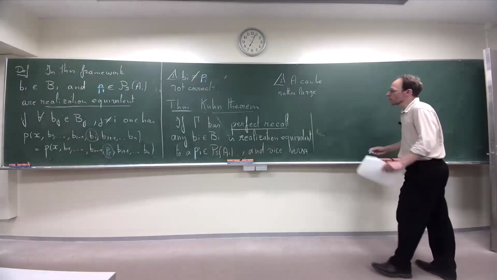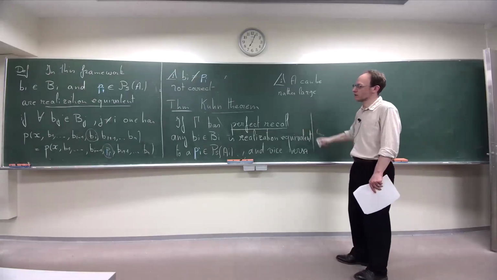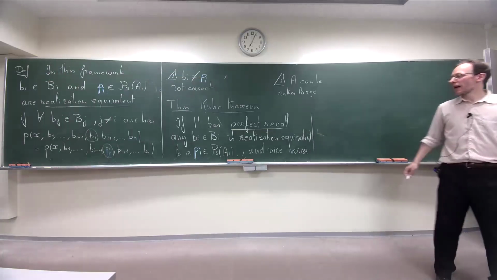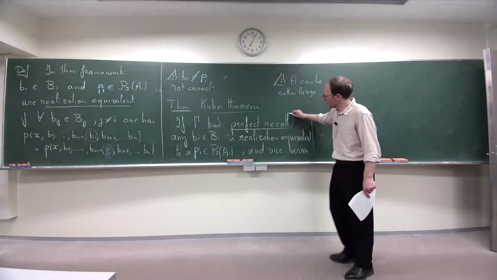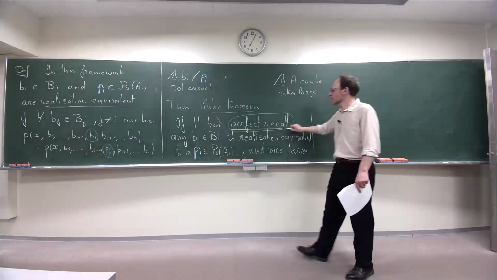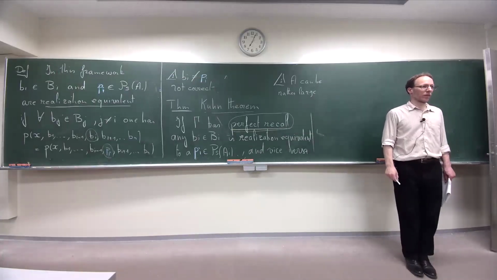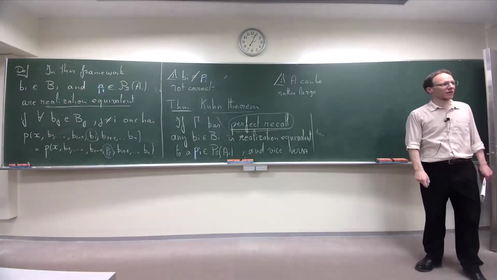So I encourage you also, if you're interested in this, you can look at the proof. It's not completely trivial, but it's not so difficult. And look at examples. What I mean by an example: there are easy graphs which do not satisfy this. If you look at the definition, it's easy to find a graph which does not satisfy this.